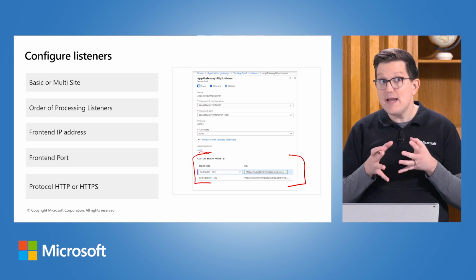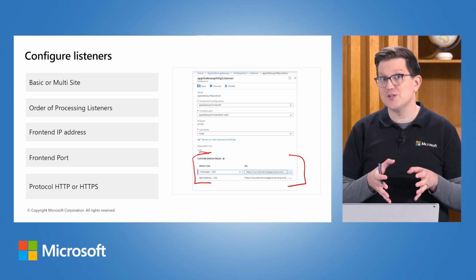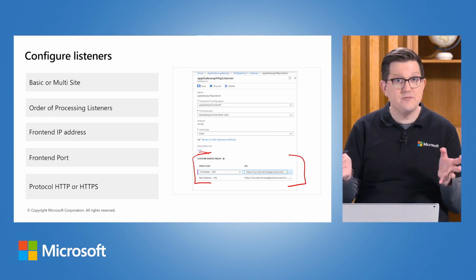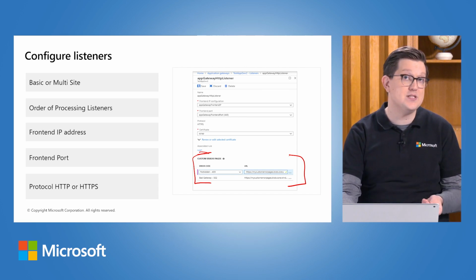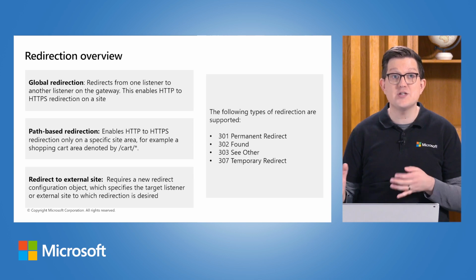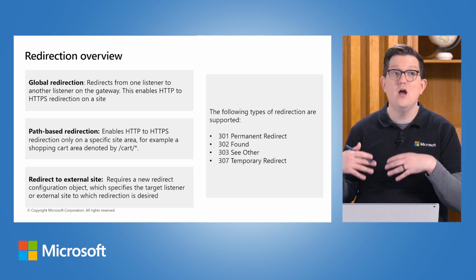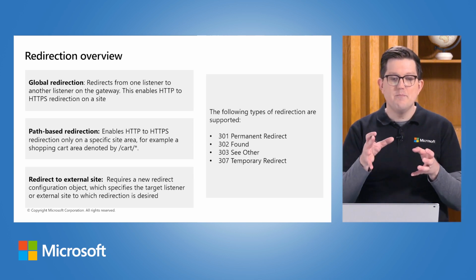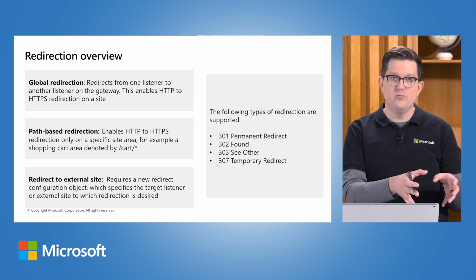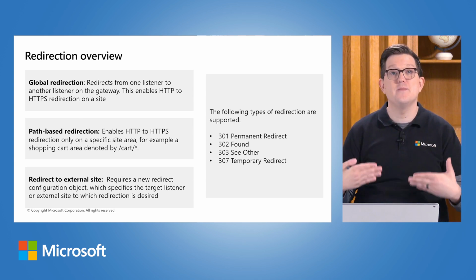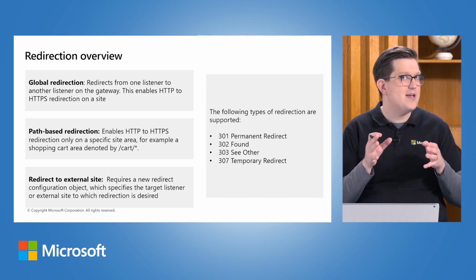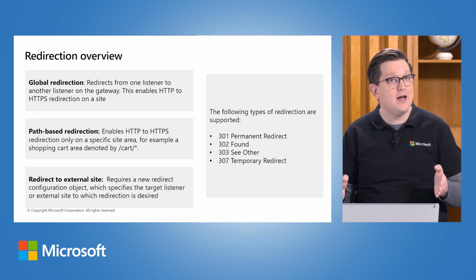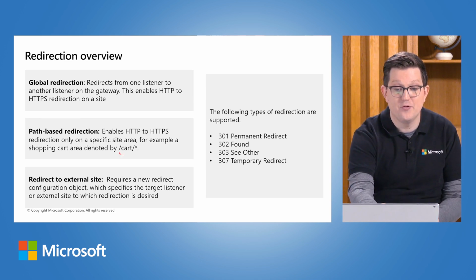Now, another thing that can make a big difference is redirections. There are a lot of reasons that we would need to redirect someone away from the site that they've requested. Maybe it's a permanent redirection because something's located elsewhere, or it's a temporary one. Based on either global requests, i.e. every time someone comes into a specific location, always route them, or maybe even if they go to a specific path of a site. The cart example is a great one here.